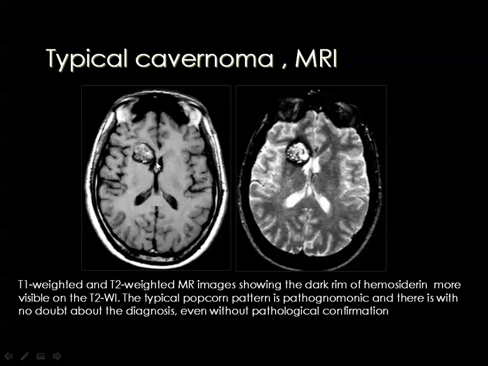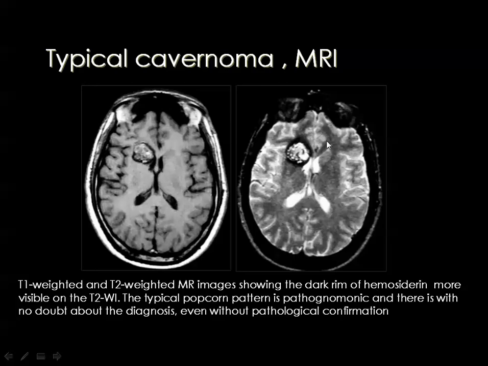Then this is the typical appearance of cavernoma. There is a small lesion which is usually of high signal in the T1 and the T2 with spots of low signal, maybe due to calcium or hemosiderin, but very importantly, the surrounding rim of low signal hemosiderin, which is seen in all blood sequences.